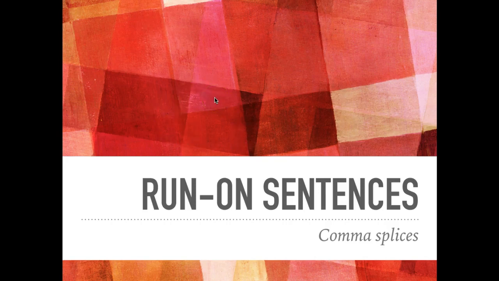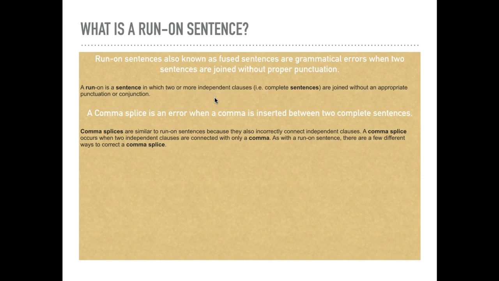So a run-on sentence is also known as a comma splice. Run-on sentences, another word for them is fused sentences, are grammatical errors when two sentences are joined together without proper punctuation. A run-on sentence is one in which two or more independent clauses are joined without an appropriate punctuation or conjunction.